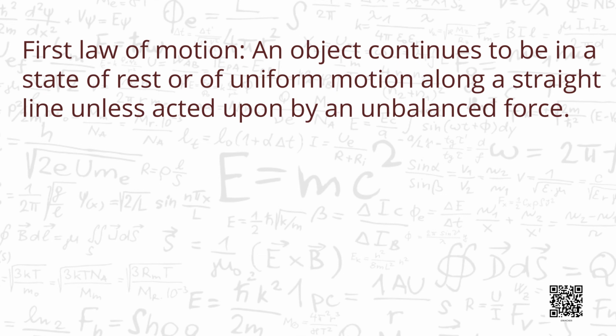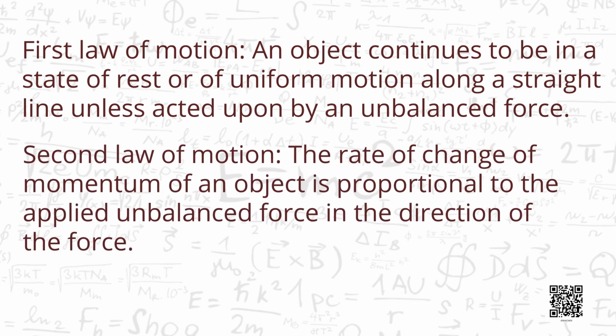Now the first law of motion: an object continues to be in the state of rest or of uniform motion along a straight line unless acted upon by an unbalanced force. We also studied the second law of motion, that is, the rate of change of momentum of an object is proportional to the applied unbalanced force in the direction of the force.